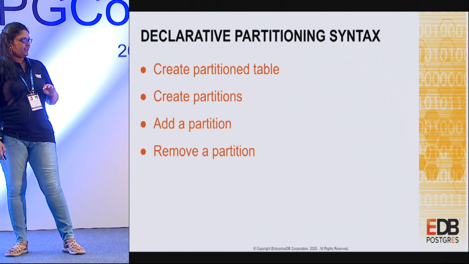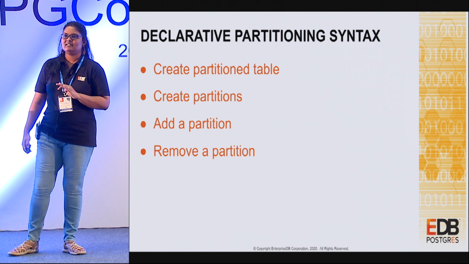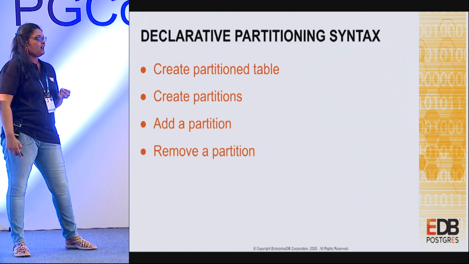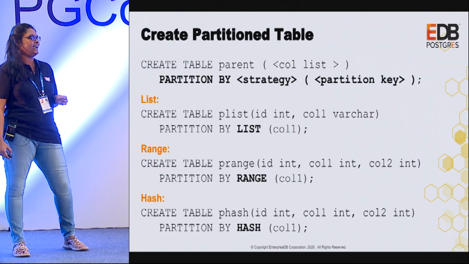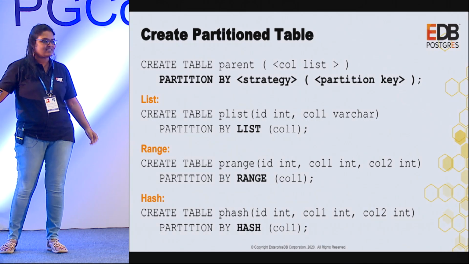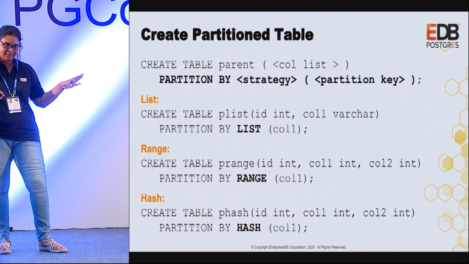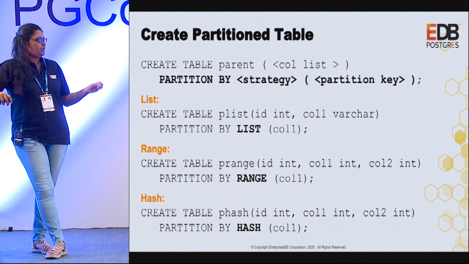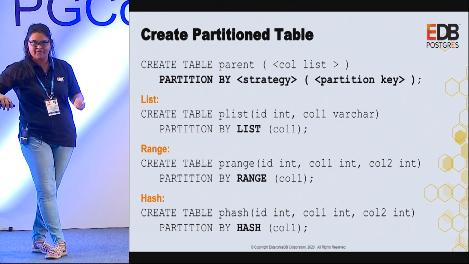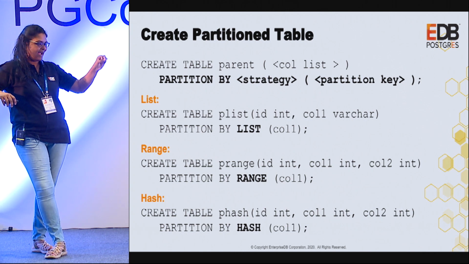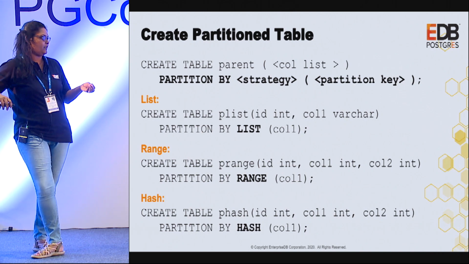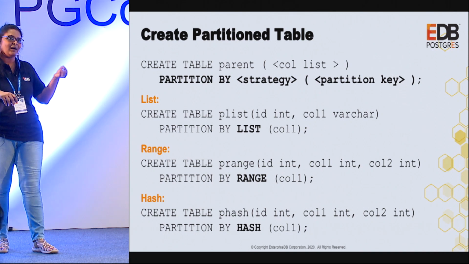In this section, I'm going to talk about the various declarative partitioning syntaxes that you can use, starting with how you create the partitioned table, or the parent table. The new clause that has been introduced is PARTITION BY. You write the CREATE TABLE command as it is, with all the parameters that you have to specify, and then you say PARTITION BY and mention whatever strategy you would like to use for that particular table, along with the partition key.